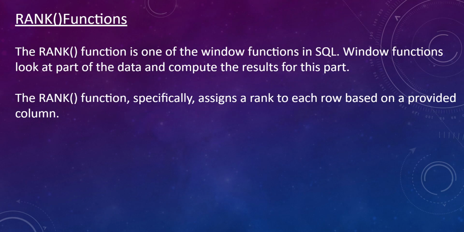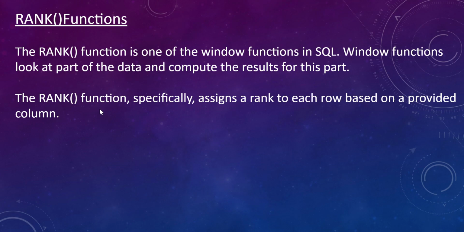So let's start with the rank function. Rank is one of the window functions in SQL, and it looks at a part of the data or all the data and computes the result for that part. When we say look at part of the data, we are talking about partition by, and we can also take the whole data instead of using any group or part.